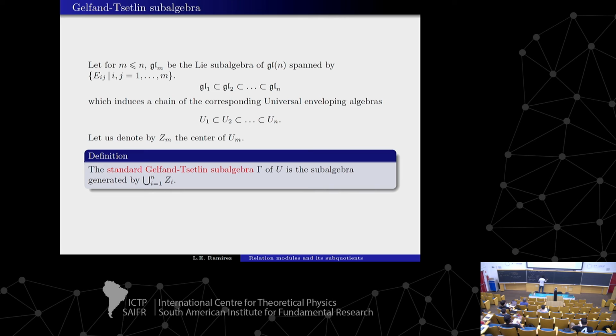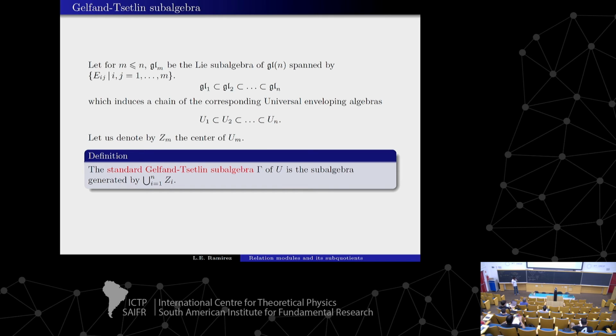Why do I have to draw this picture? Because this Gelfand-Tsetlin subalgebra depends on the embedding that you choose here. But I am choosing just the embedding through the left top corner, and this is called the standard Gelfand-Tsetlin subalgebra.